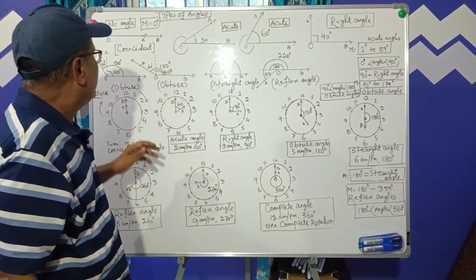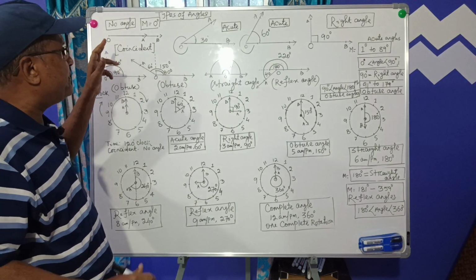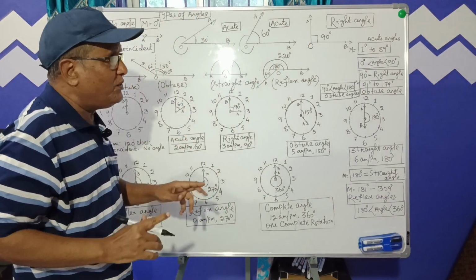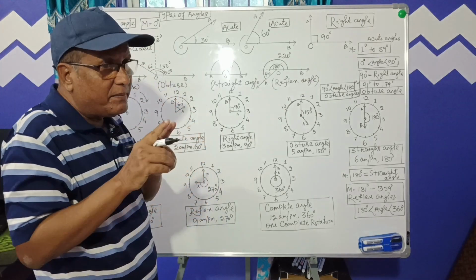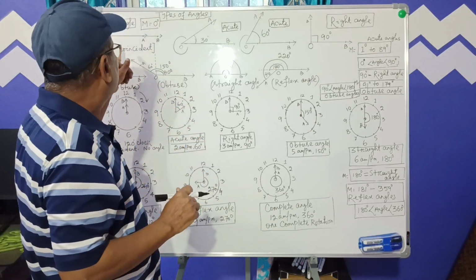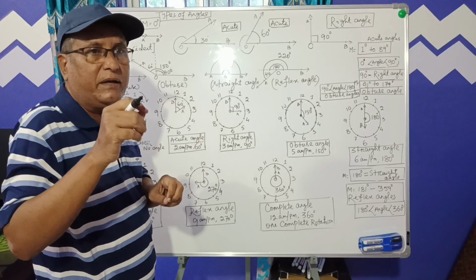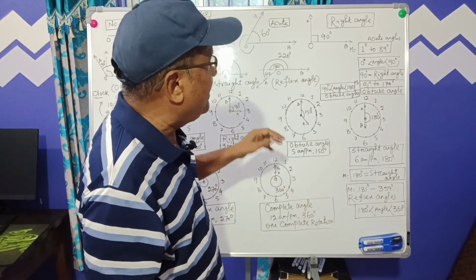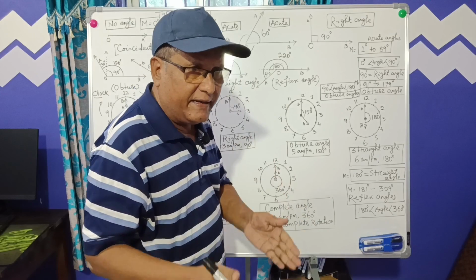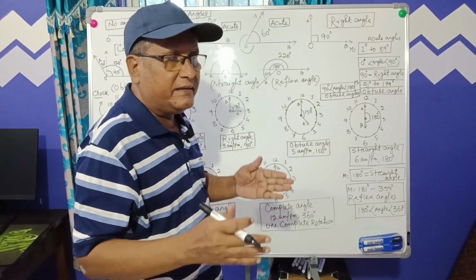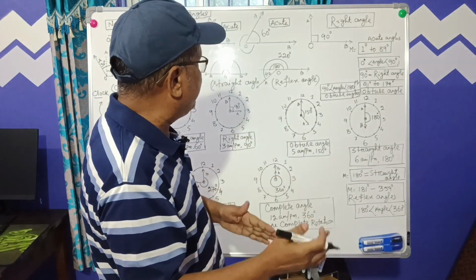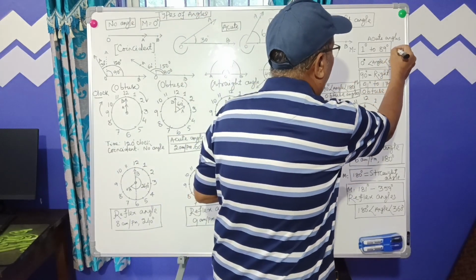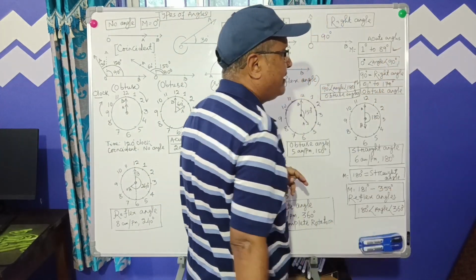So you see, the angle may vary from 0 degree to 90 degree. So after 0, an angle can be formed. How many angles? Angle degree 1, degree 2, degree 3, degree 4, degree 5. Likewise, degree 10, 15, 30, 60, 70, 75, 80, 85, up to 89.